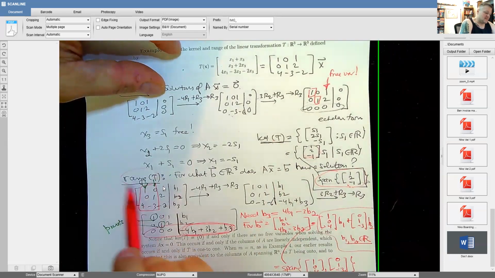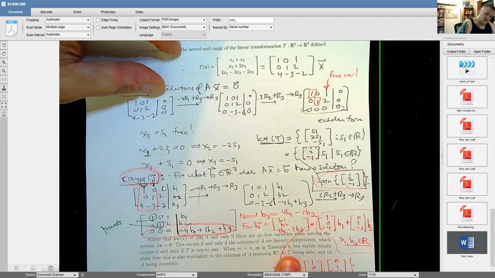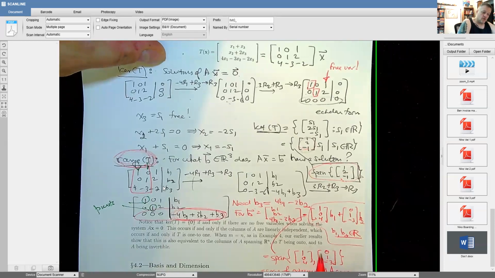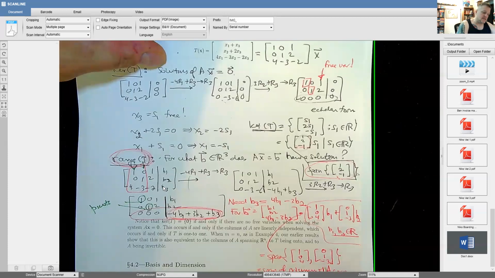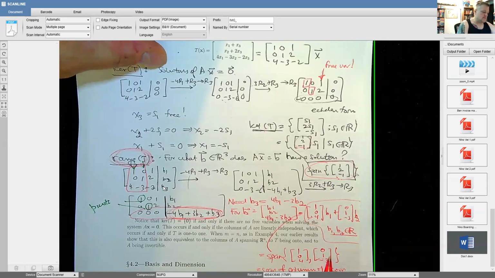The basis for the range of T is that set of vectors right here, right? You can actually show they're linearly independent because they're not scalar multiples of each other, right? It's fairly easy to see that. And so that would be a linearly independent spanning set, or a basis, for the range of T.